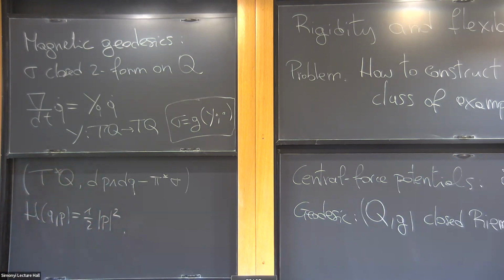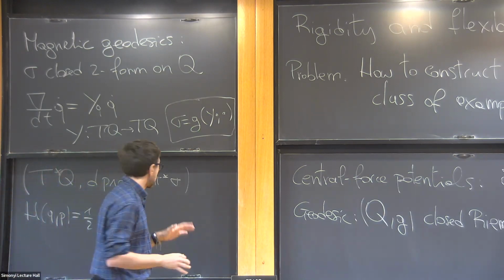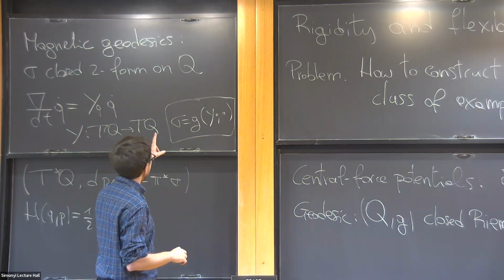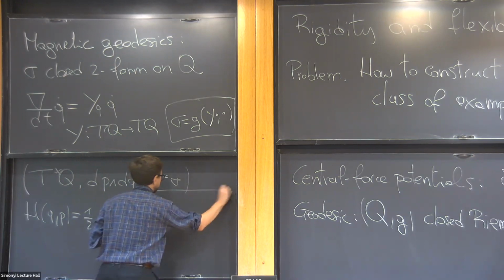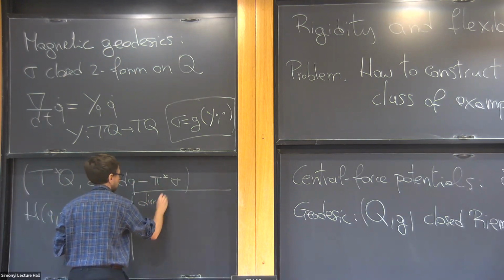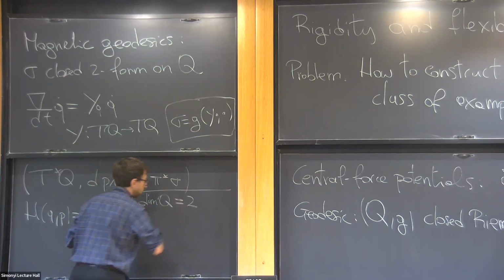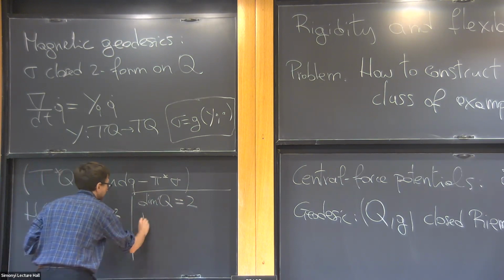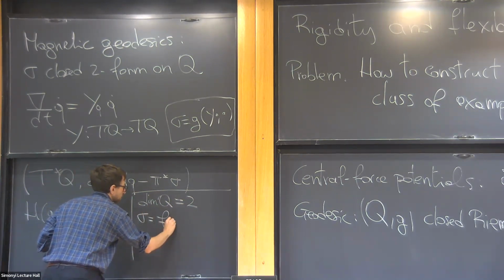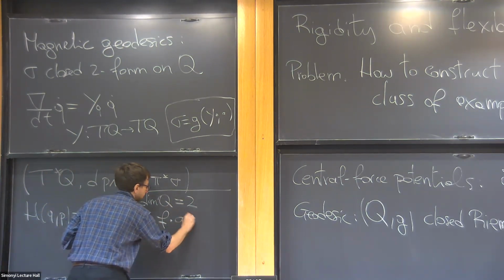If you want a geometric interpretation, which is also good for the examples that come from our talks, you can think of Q being of dimension 2. Most of our examples would be low dimensional anyway. In this case, your sigma is just a function times the area form.